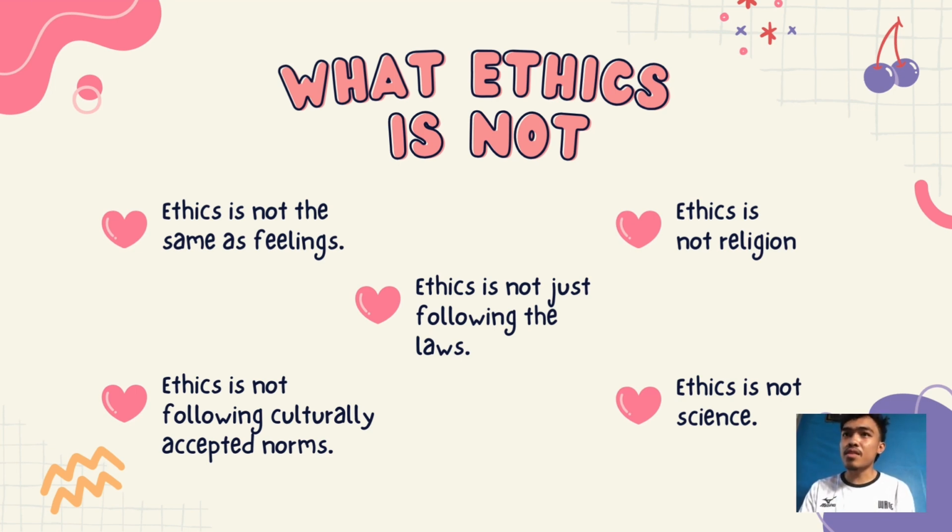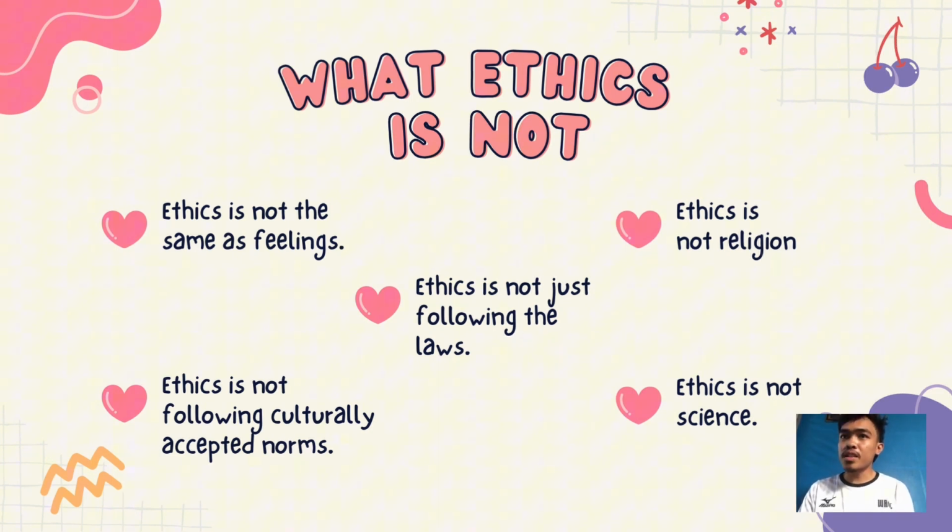This allows ethics to adapt to new situations, whereas religious teachings might not address every modern dilemma. So, why is ethics not a science? Ethics is not a science because ethics deals with values and what ought to be done, while science focuses on observing and explaining the natural world.